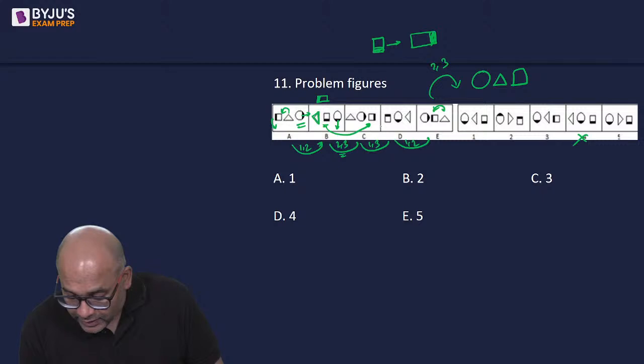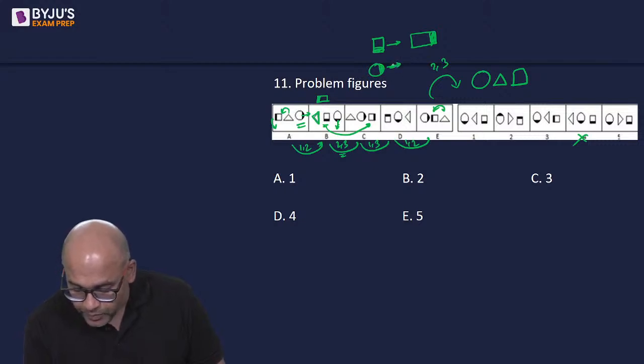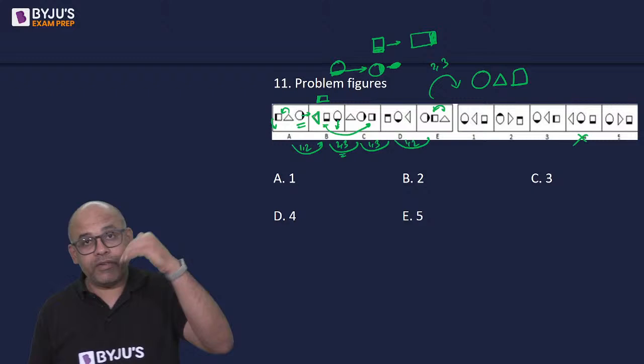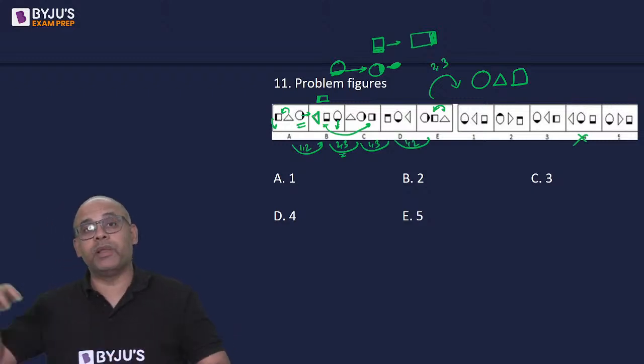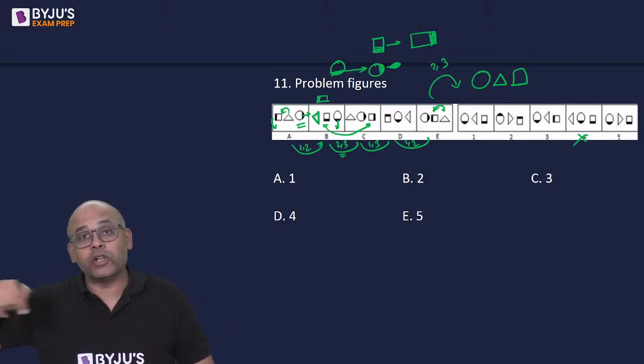And the circle, look at what happened to the circle. The circle also was like this. Now it has become, it was like this. Now it has become like this. So it was also having the black down, it has moved black to the right. So that is also counterclockwise.